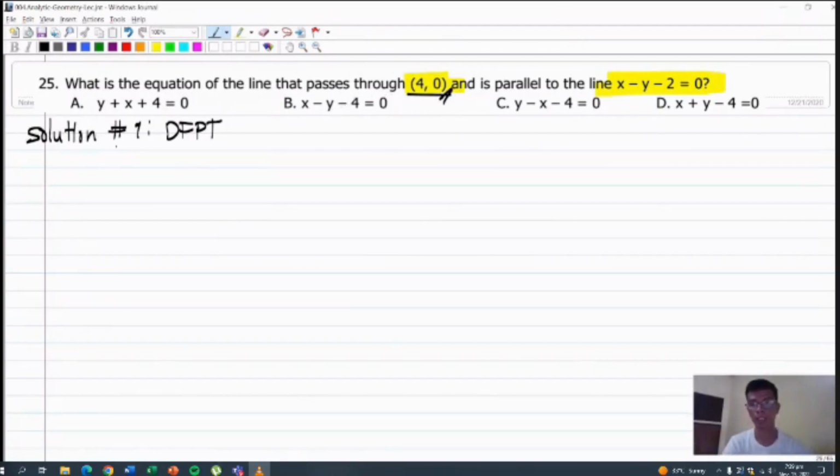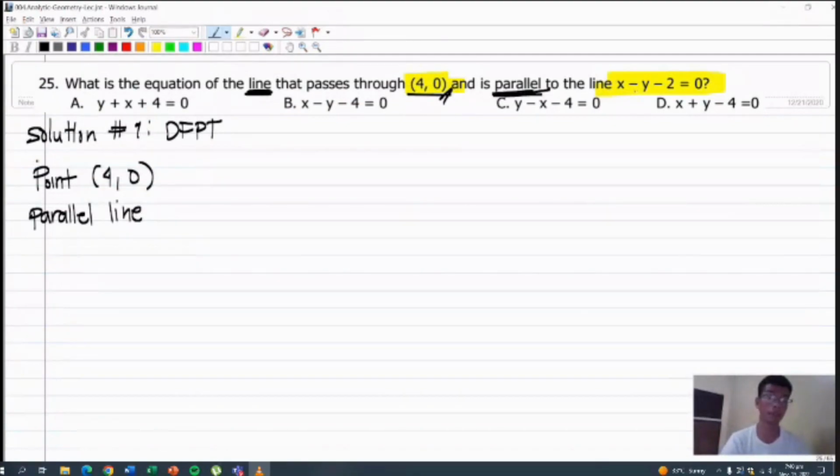Dito tayo sa manual method. Dahil meron tayong given point na 4 and 0, kunin naman natin yung parallel line. Yung line na hinahanap natin is parallel to the given line na x minus y minus 2 is equal to 0.